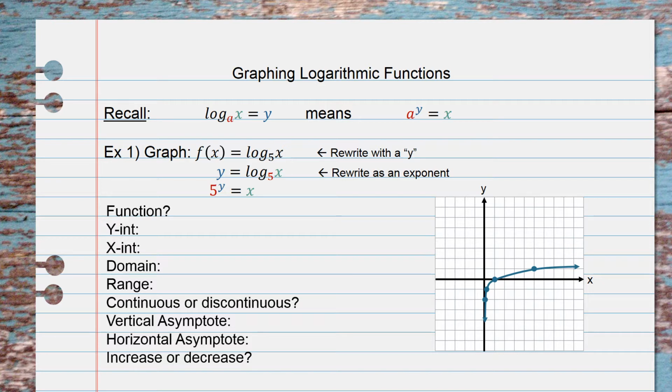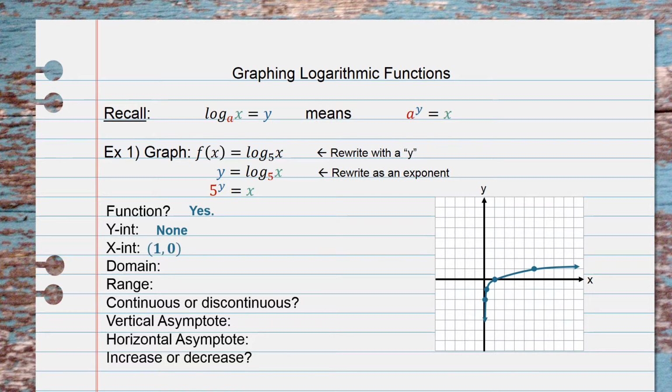Well, it passes the vertical line test, so yes. Is there a y-intercept? In this case, there is none. Is there an x-intercept? Yes. Notice the graph does cross the x-axis at 1, 0.